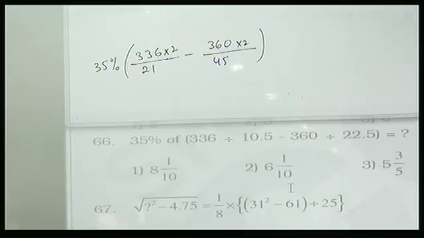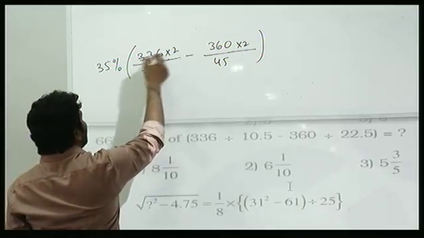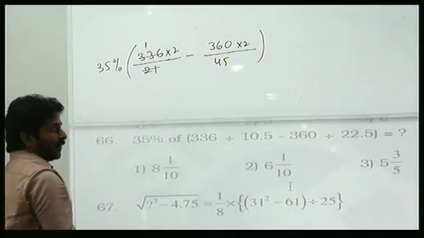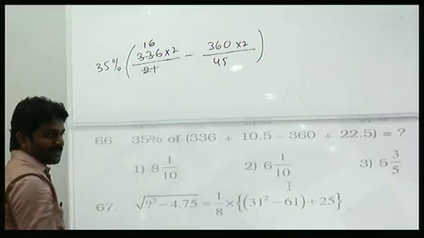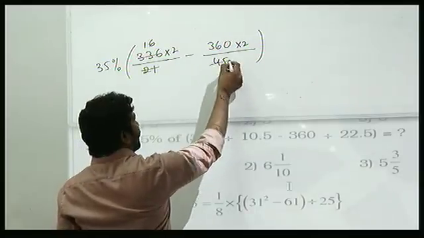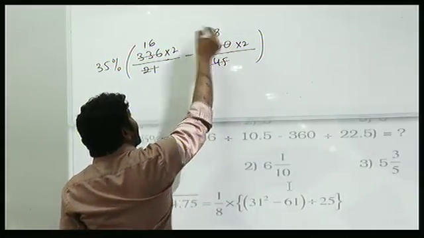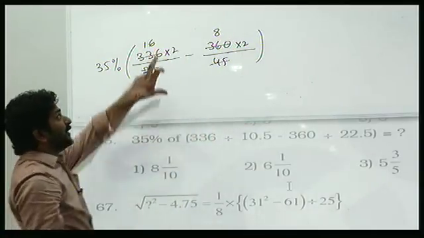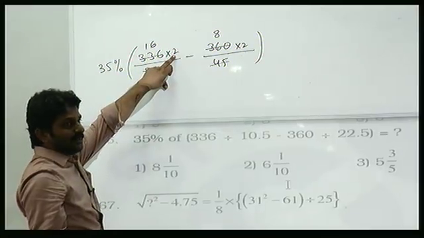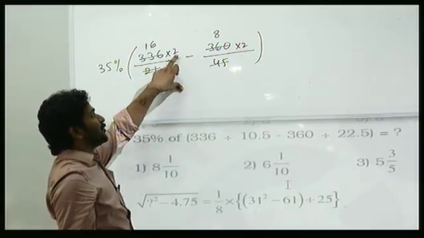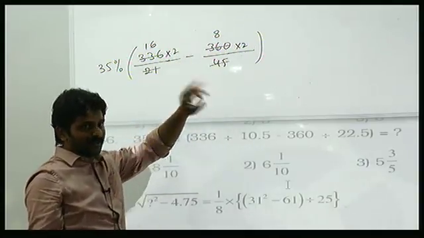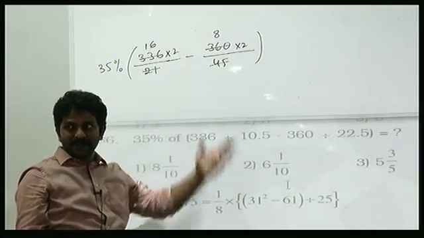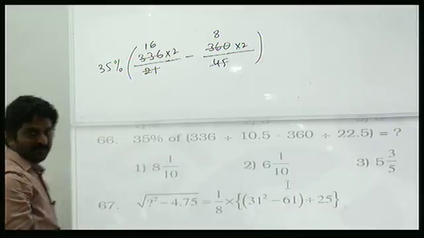Correct? Now, 21 once, obviously 6 times. 45, 8 times. 16 twos, or otherwise this is 2 multiple, this is also 2 multiple. 2 16 times minus 2 8 times will be difference 2 8 times, which is 16. Yes or no?